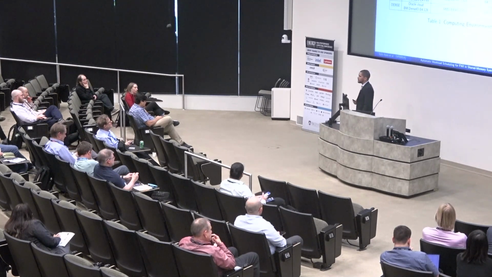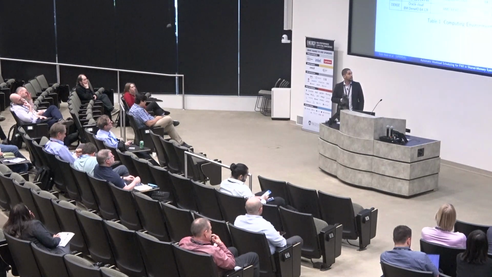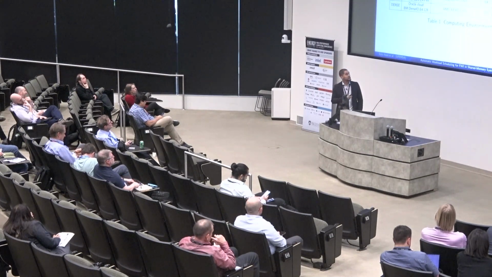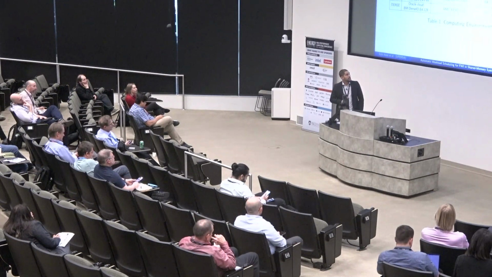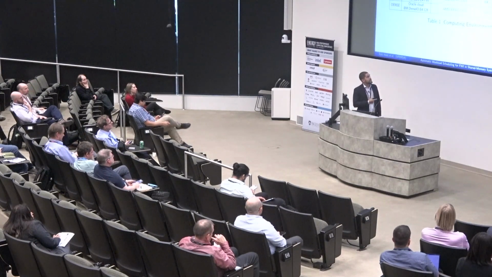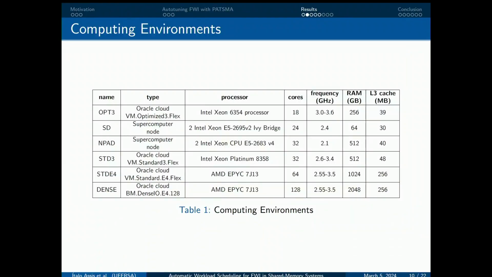Typically, the L3 cache increases with the number of threads as well, as you can see in the last column. We also have different amounts of memory, which in our case means more or less computation because we use checkpointing, so we have to recompute the forward wave field.